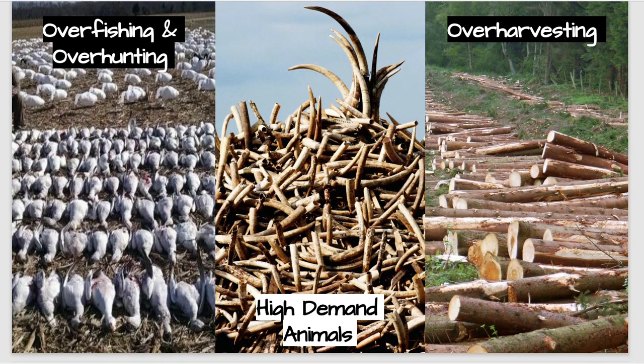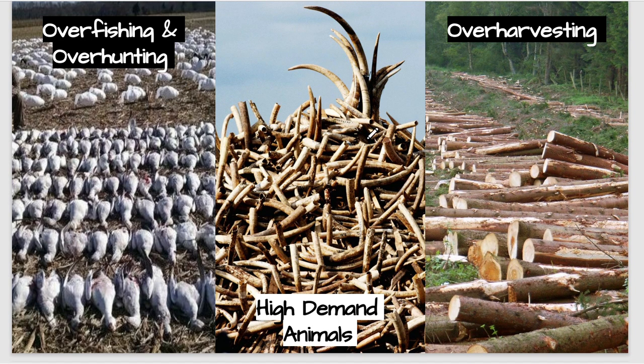So examples and visuals. Overfishing and overhunting. Here off to the side is an example of overhunting. Overfishing is just the same but with fishing. So example here with birds, taking way more than what is necessary, and more than what nature can provide, because they may be rare, or they're a cool bird, or a cool animal.